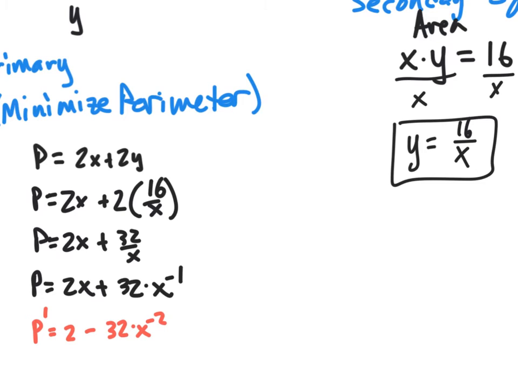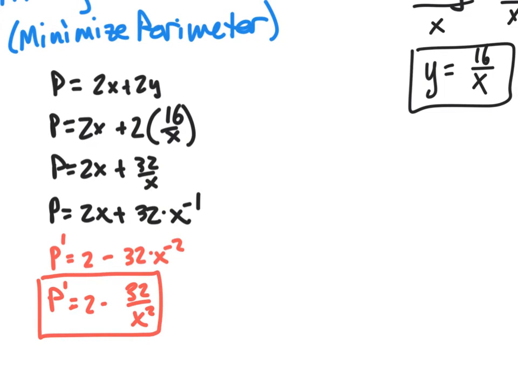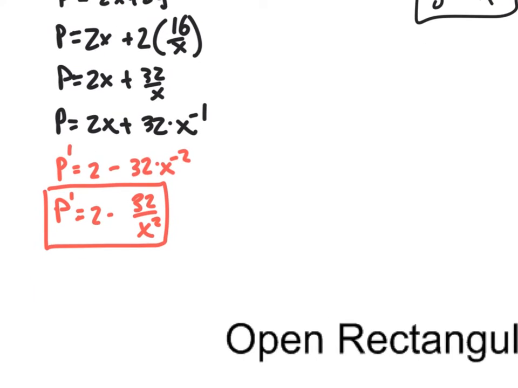And if I wanted to simplify this even further, I would just say P prime is equal to 2 minus 32 over x squared. Okay, so this is my derivative. And what I want to do is set this equal to 0. I want to find some critical points here.